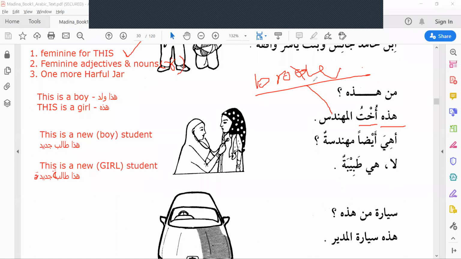Since his brother is male, we are using muhandisun, not muhandisatun. If you want to use female engineer, then add muhandisatun.